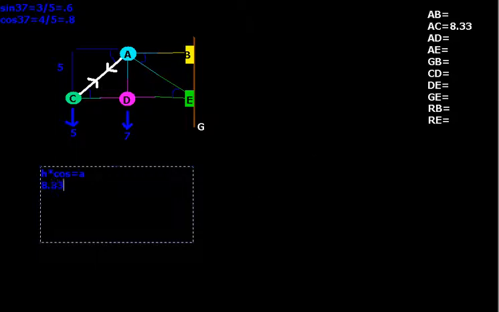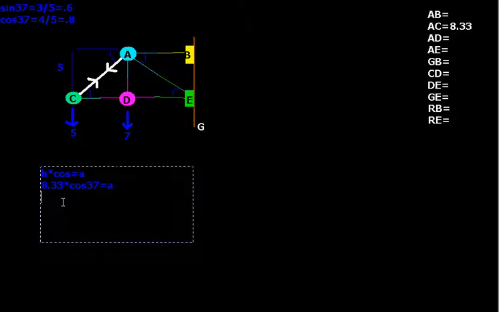So we've got 8.33, and that's equal to, times cosine of 37 equals our adjacent. I'm wondering if I should go with fractions.